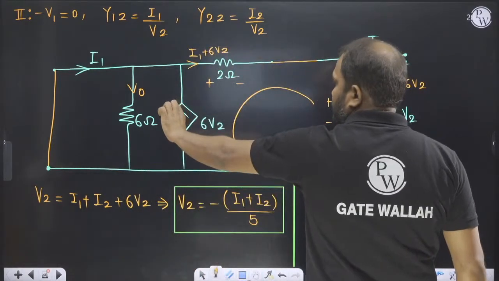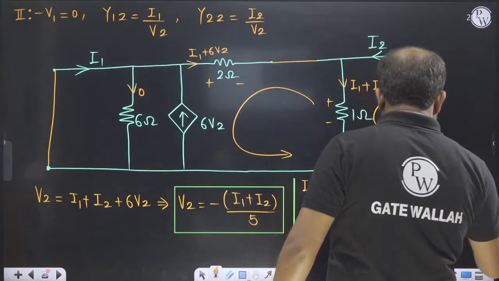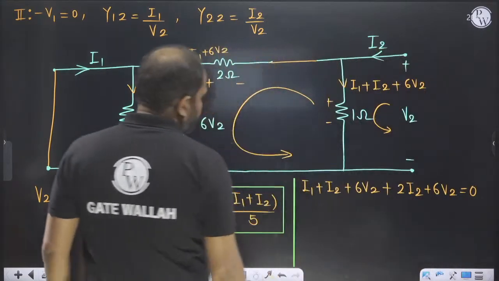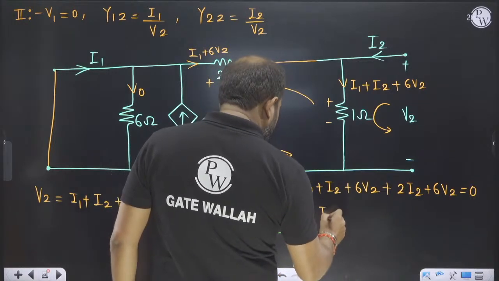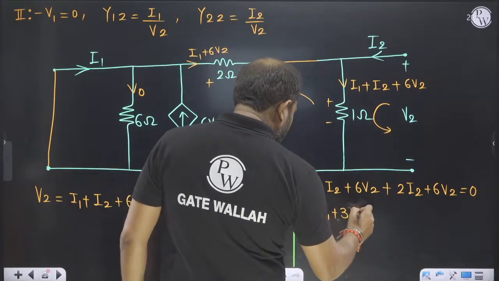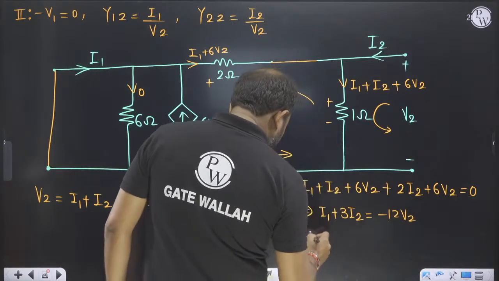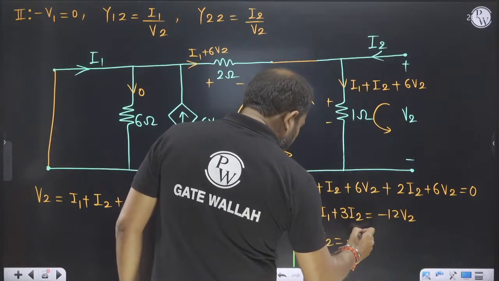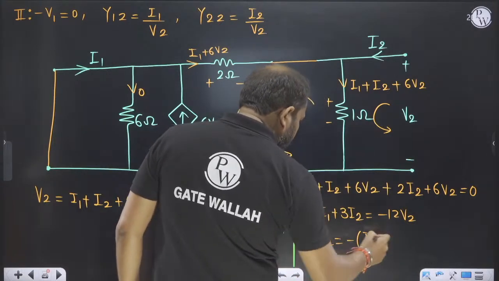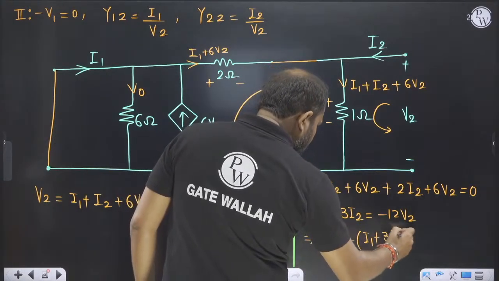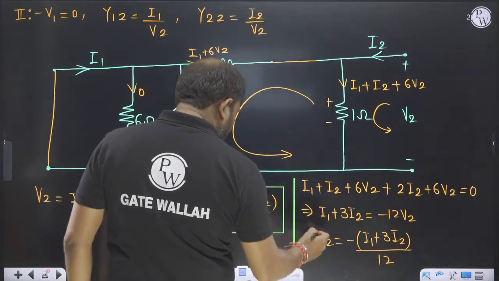And here the voltage drop is 0 because of the short circuit. So this one is equal to 0. So we have I1 plus 3 I2 is equal to minus 12 V2. So V2 is equal to minus (I1 plus 3 I2) divided by 12. So we have V2 also.